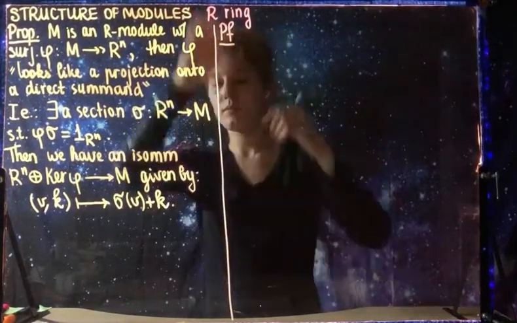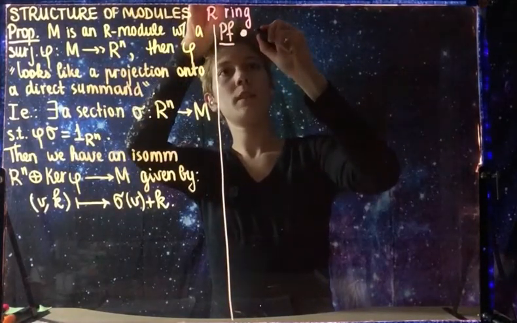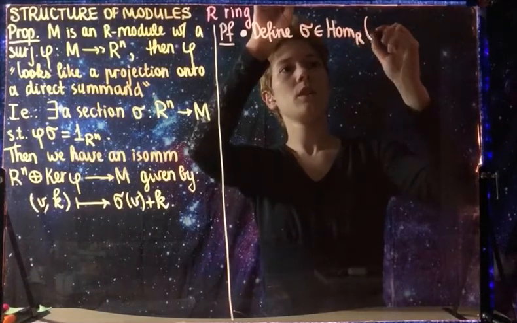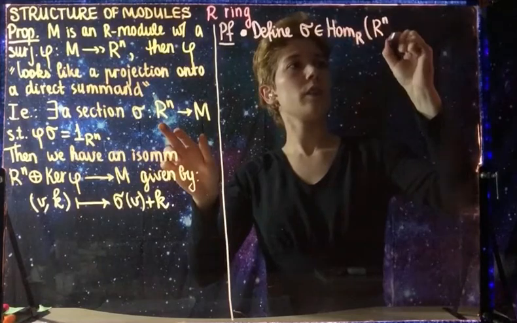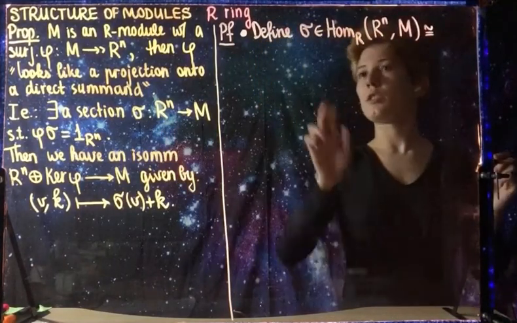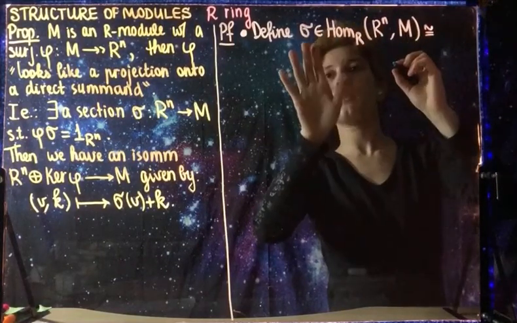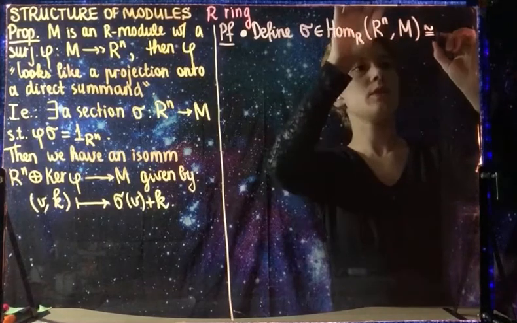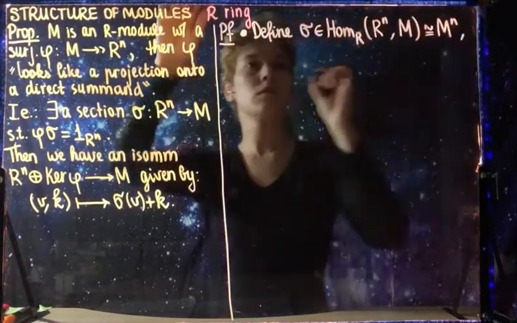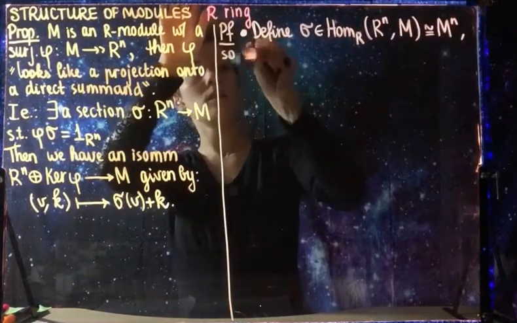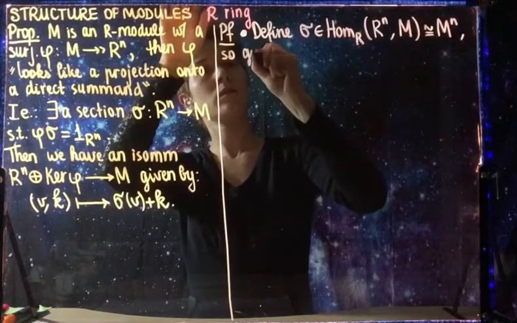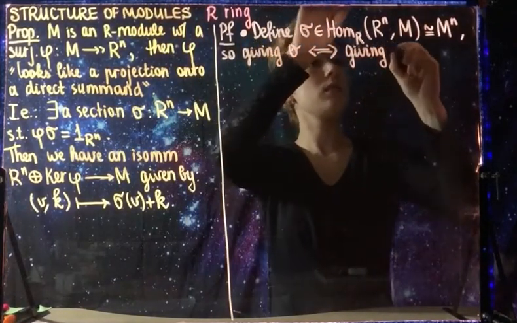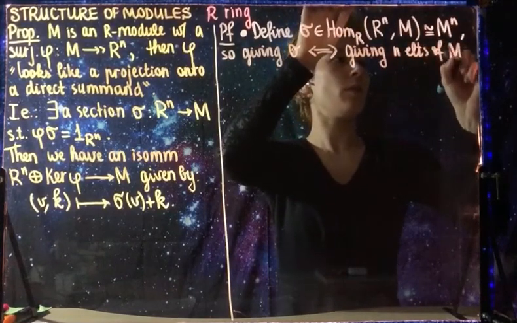So let me prove this. First, we want to define sigma, which is a homomorphism from R^n to M. But you showed in your homework that homomorphisms from free modules of rank n are actually defined by an n-tuple of elements in M. So giving sigma is the same as giving n elements of M, an n-tuple in here.